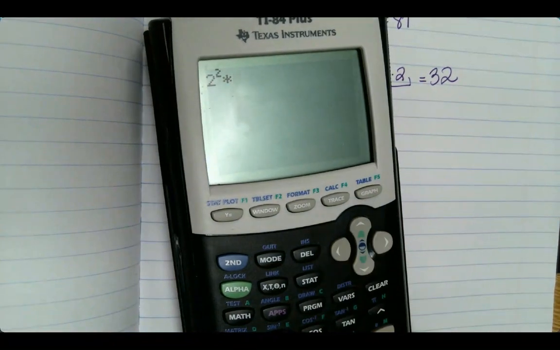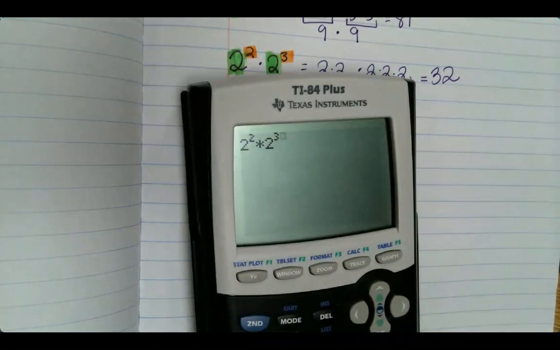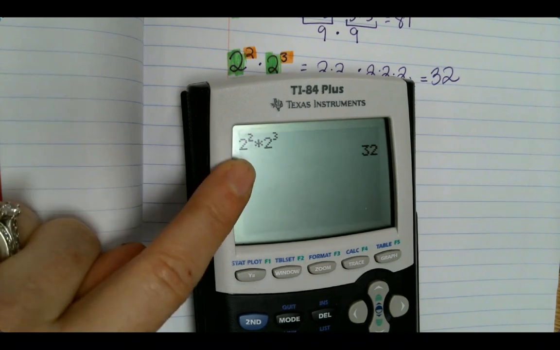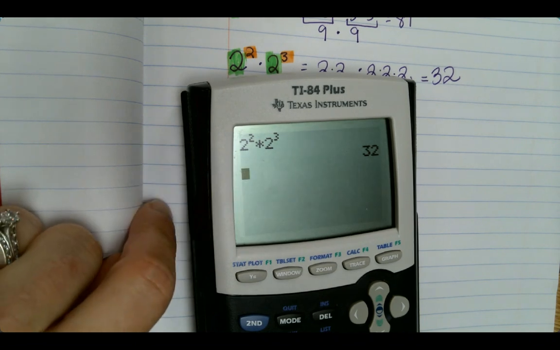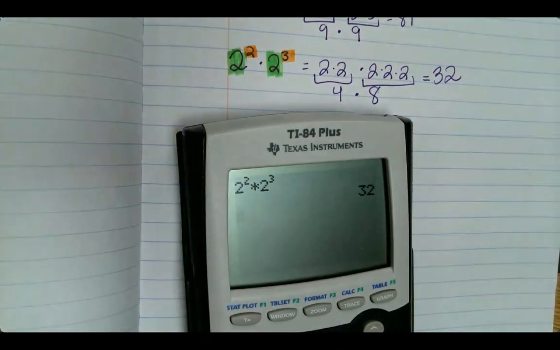Then do times 2 raised to the third. Make sure you can do this in your calculator. Should equal 32. Up in the exponent and you want to come back down to do your operation, and to do another one, make sure you push the arrow to the right. If you mess up, push clear and try again. All right, so that does equal 32.